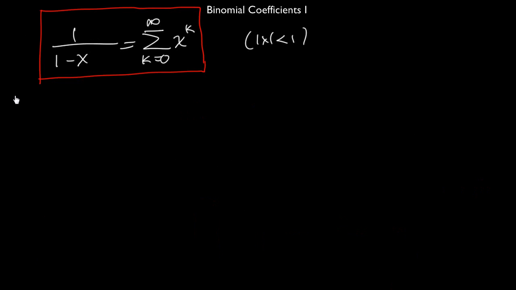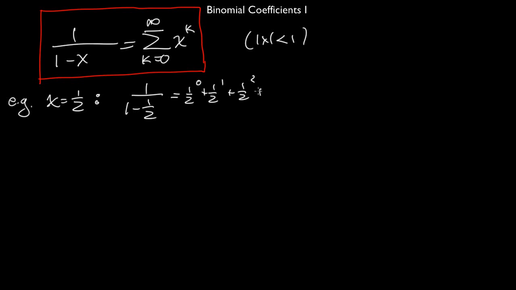So let's do an example. What if I took x equal to a half? What does this say? This says 1 over 1 minus a half is equal to 1 half to the 0 plus 1 half to the 1 plus 1 half squared and so on, which is 1 plus a half plus a fourth plus an eighth plus a 16th and so on. And this side is 1 over a half, which is 2.